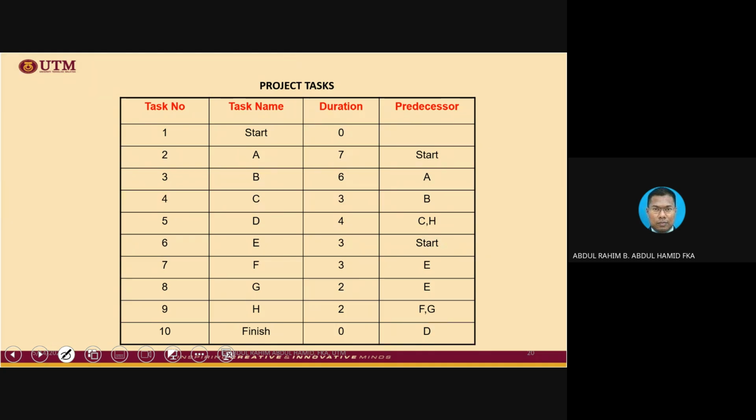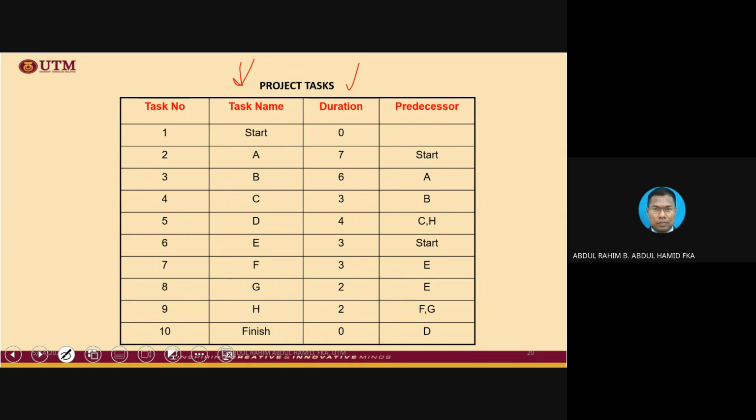Again, normally when we want to construct a diagram, we need to come up with the listing of activities or tasks. Here we normally list task name, start and finish, and then we have A, B, C, whatever it is, and then duration.